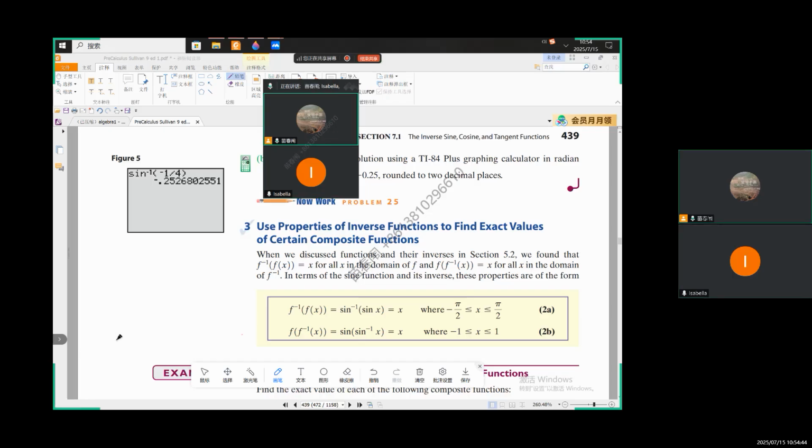Let's see. You already learned the inverse sine function, right? It's basically not the reciprocal, not the cosecant.